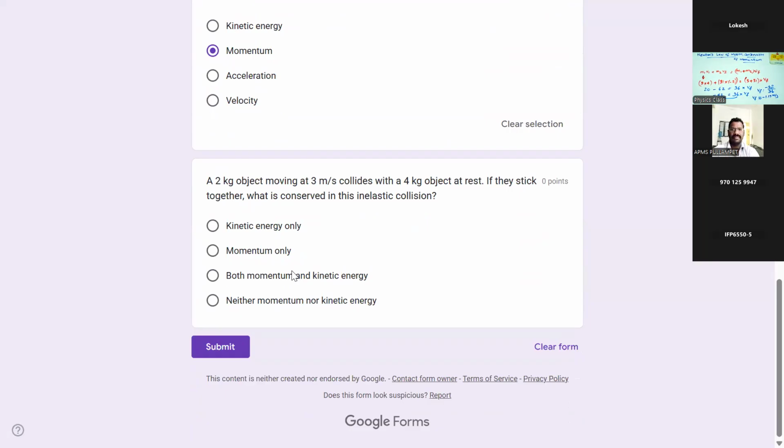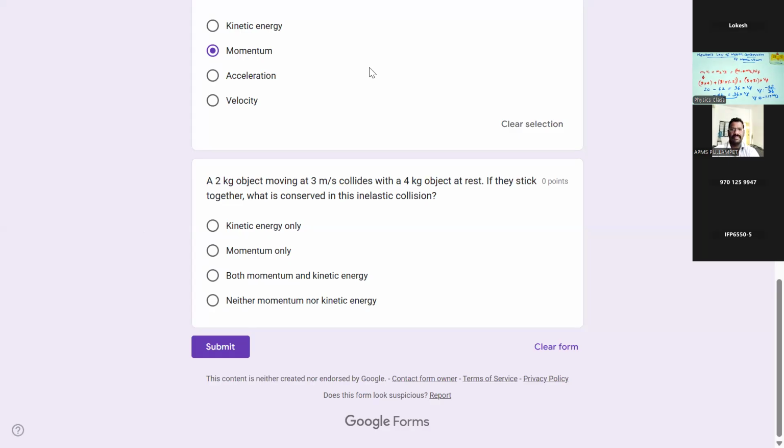If they stick together, what is conserved in this inelastic collision? Momentum only, kinetic energy only, both momentum and kinetic energy, or neither momentum nor kinetic energy.